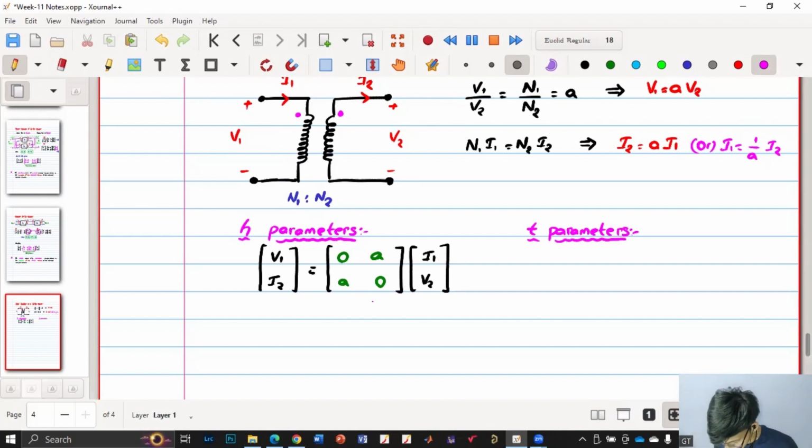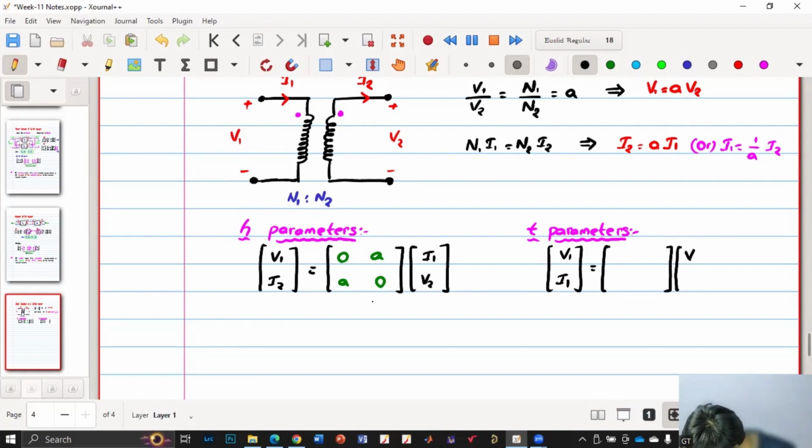All right. So in the case of T parameters, what do we have here? Here we have [V1, I1] equal to the ABCD matrix times [V2, I2].